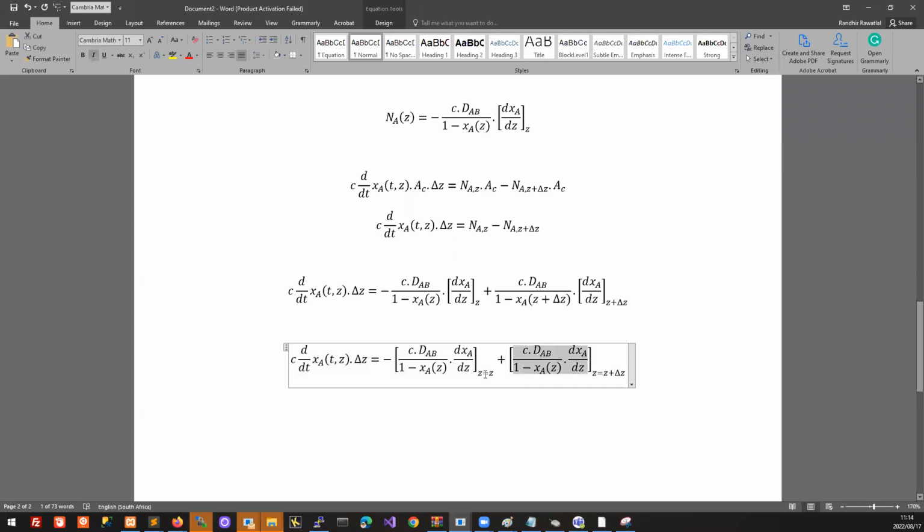Both these terms are evaluated at different Z positions, but they look like the same function, okay? And what we would do next is divide through on both sides by delta Z.